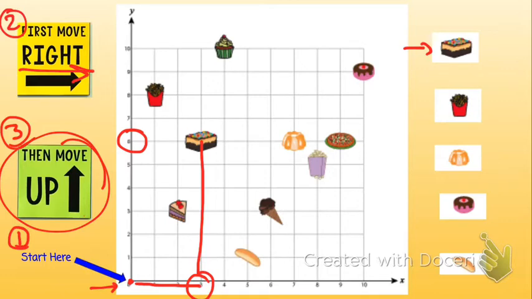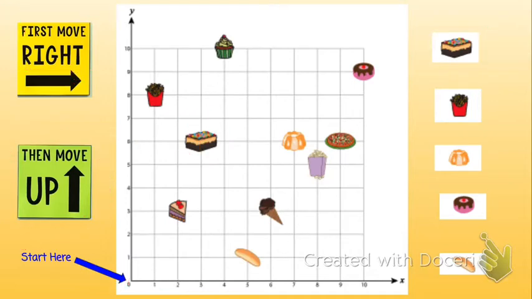When I write this point down, I write how far I went to the right, that was 3, and how far I went up, that was 6. So my actual point is 3, 6. Again, start at the origin, move to the right, that's your x, and then move up, that's your y, to locate the actual item itself.